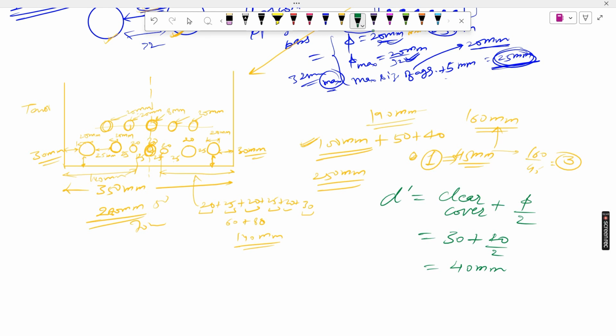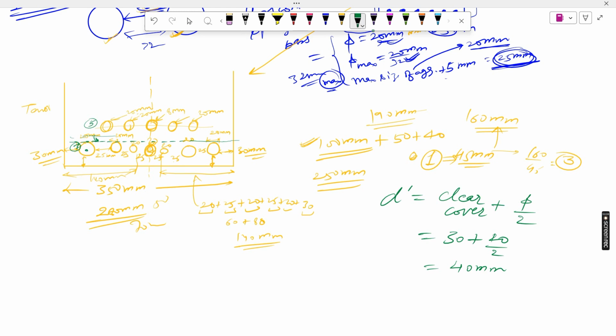Your D dash will shift from this CG to this, some upper side. Because there are 5 bars and there are 7 bars, the effective CG of this set of bars will be more at the lower side between these.